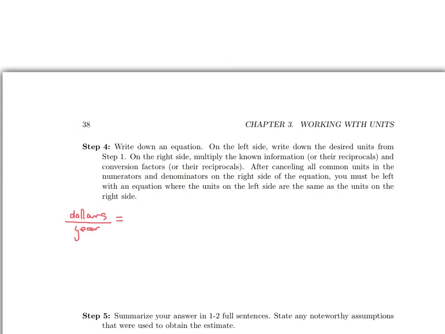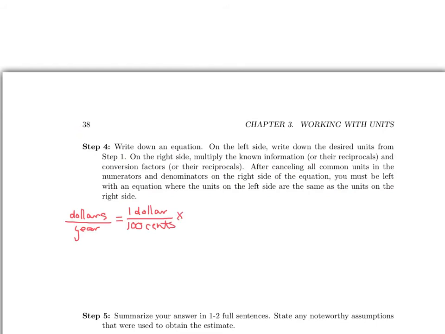So we're going to have to work with the reciprocal. So we're going to have $1 per 100 cents. Writing the reciprocal gives us dollars in the numerator on both sides. This gives us a good start.